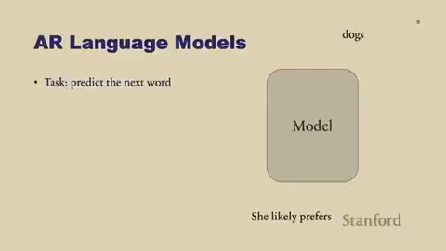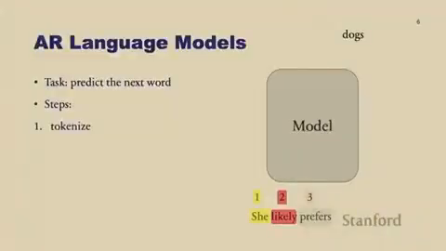At a high level, the task of an autoregressive language model is simply predicting the next word, as I just said. So if you have a sentence like "she likely prefers", one potential next word might be "dogs". The way we do it is that we first tokenize. You take these words or subwords, you tokenize them, and then you give an ID for each token. So here you have 1, 2, 3.